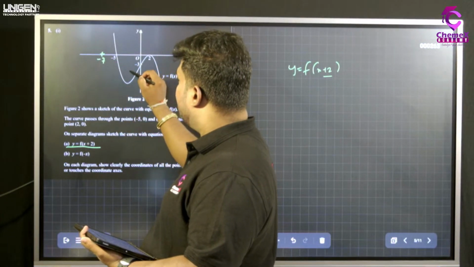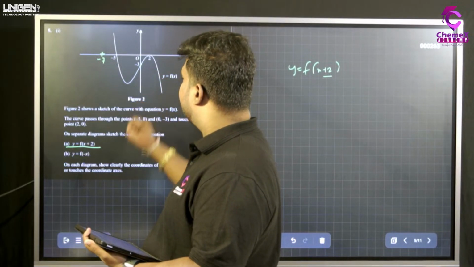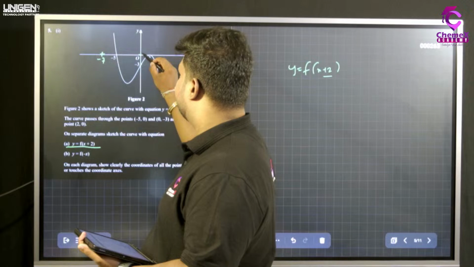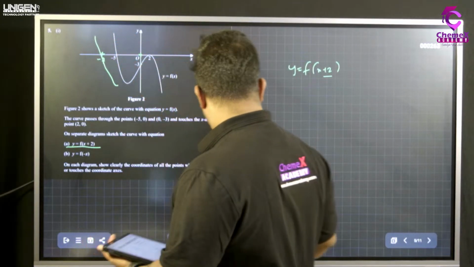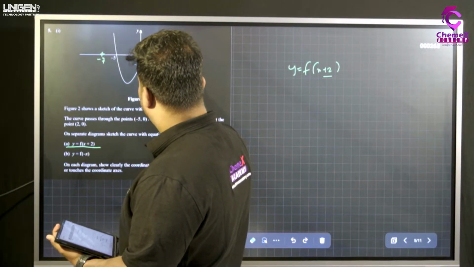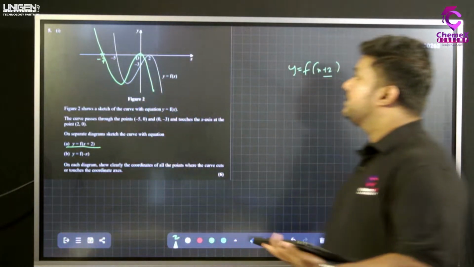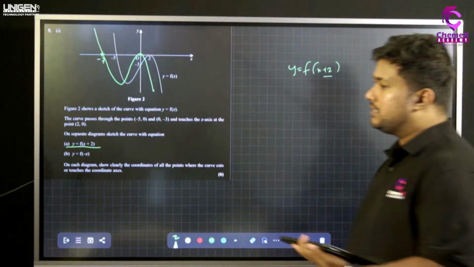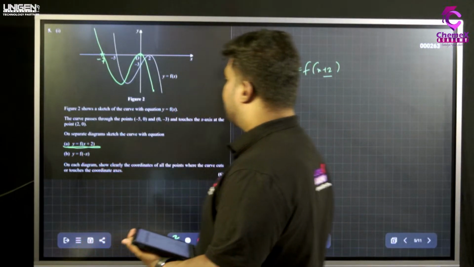This place will go, yeah, so it will be 0. So your graph will come like this. Is it correct? 2 steps to the left it has moved. So the one I have drawn in yellow is the graph for that.